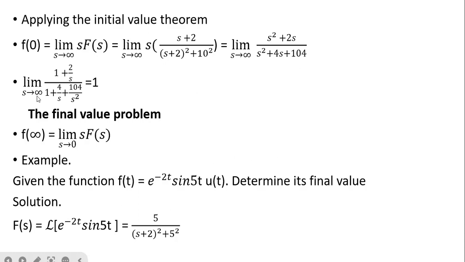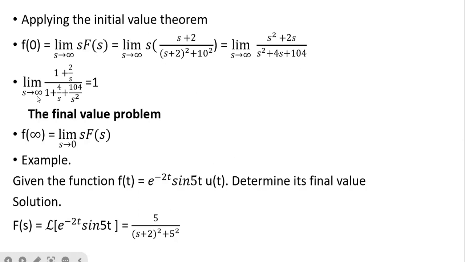What we did here was to divide the numerator and the denominator of this expression by the highest power, which is s squared. Now what was the purpose of doing that?